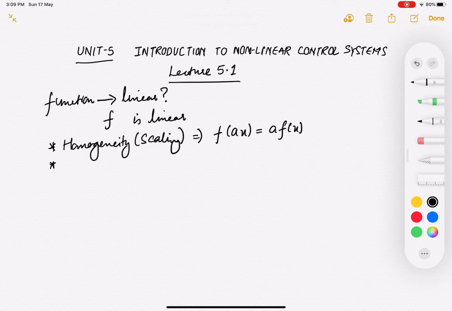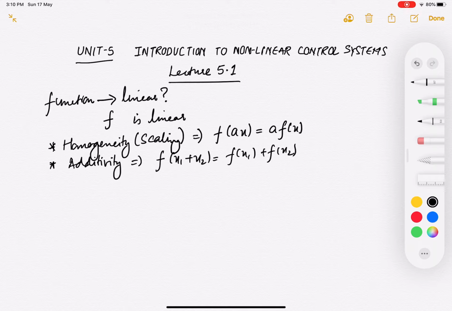And property number two is additivity, which implies that f of x1 plus x2 is equal to f of x1 plus f of x2. So a mathematical function is said to be linear if it obeys these two properties.